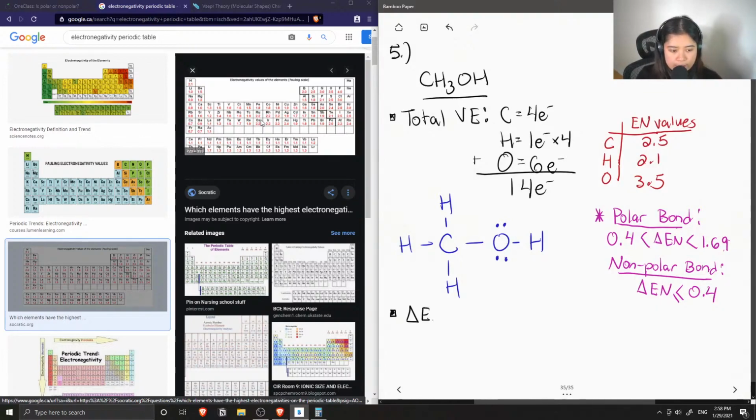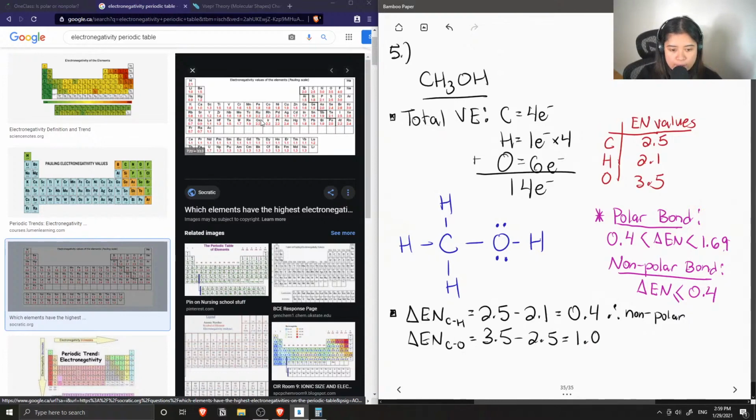So first let's look at the carbon-hydrogen bond. Carbon has an electronegativity value of 2.5, hydrogen's is 2.1, so their difference is only 0.4, so therefore this is a nonpolar bond. If we were to look at the carbon-oxygen bond, oxygen's is 3.5 and carbon's is 2.5, so their difference is 1.